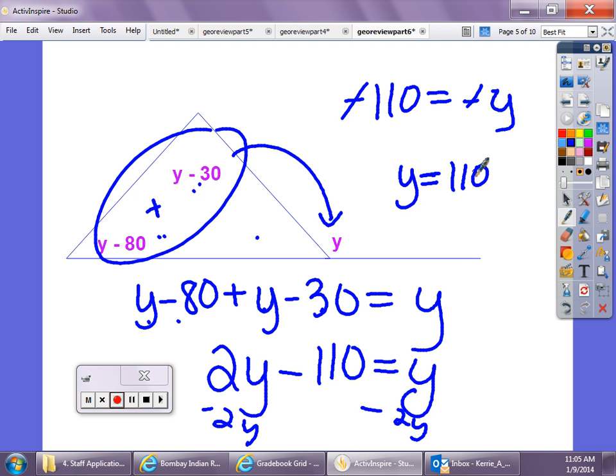I can cancel because the lead coefficient here is just a negative 1. If it was another number, I'd have to do the full division, but we can just cancel. Everyone see that? So remember, the two angles opposite the outside angle that isn't a linear pair with this exterior angle add up to the exterior angle.